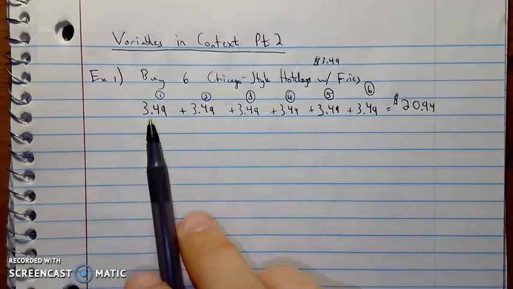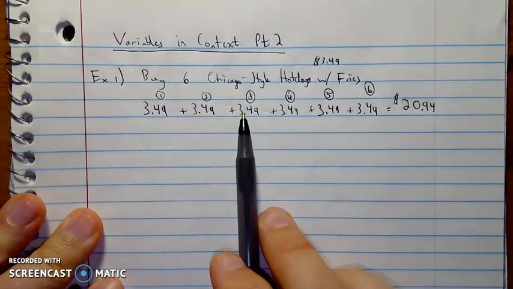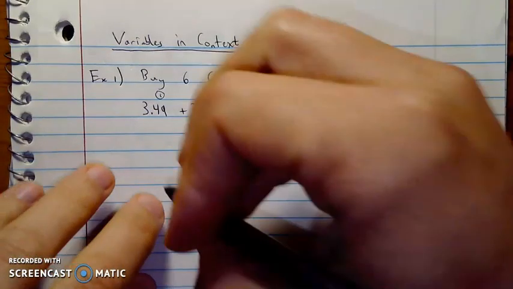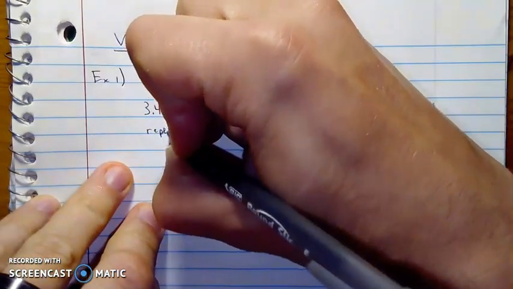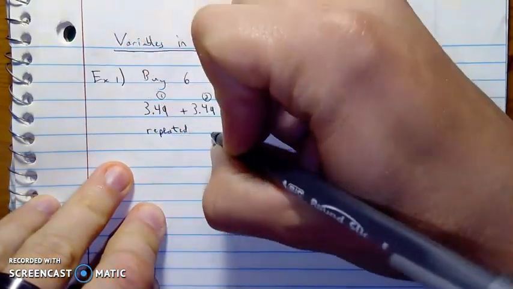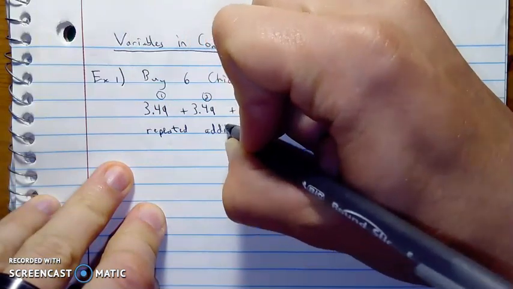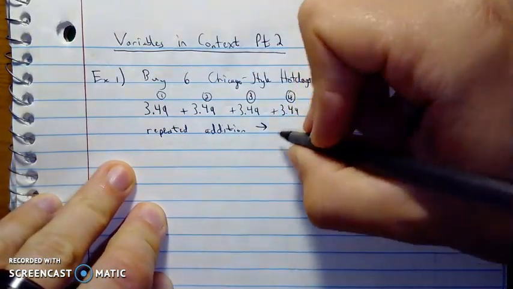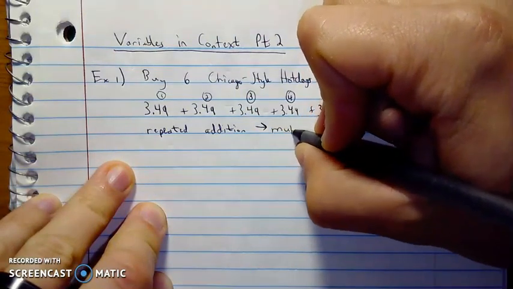So if you think about it, you add the same number multiple times, so there's an easier way to do this. When we talk about repeated addition, you can simplify that by just multiplying.